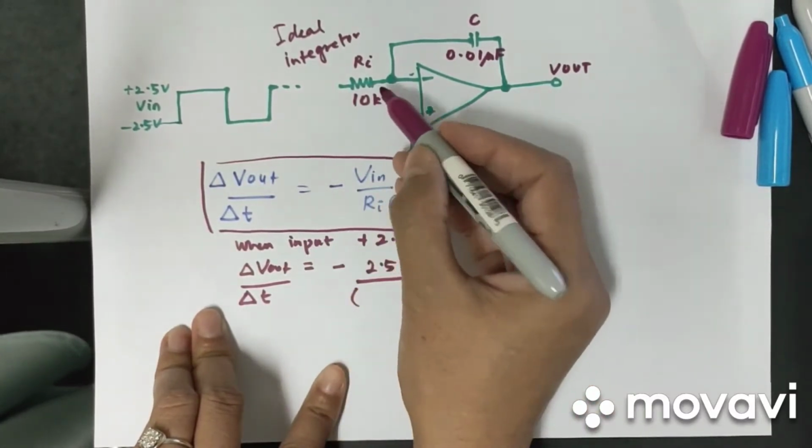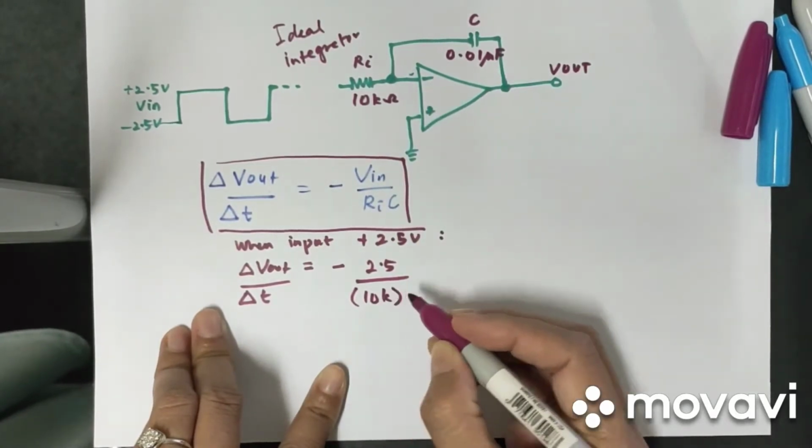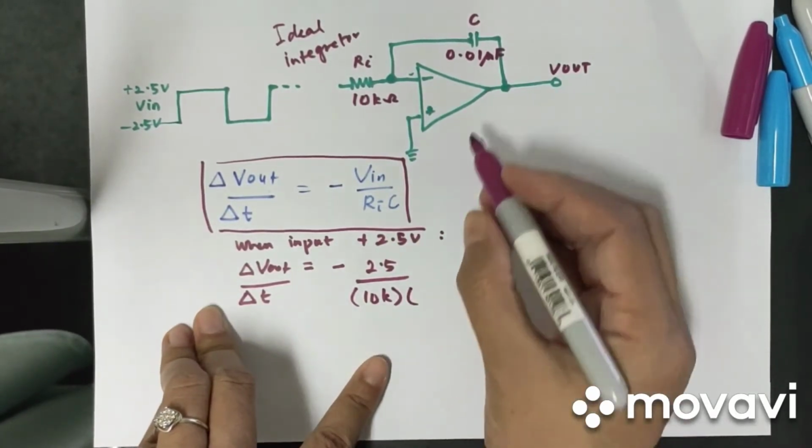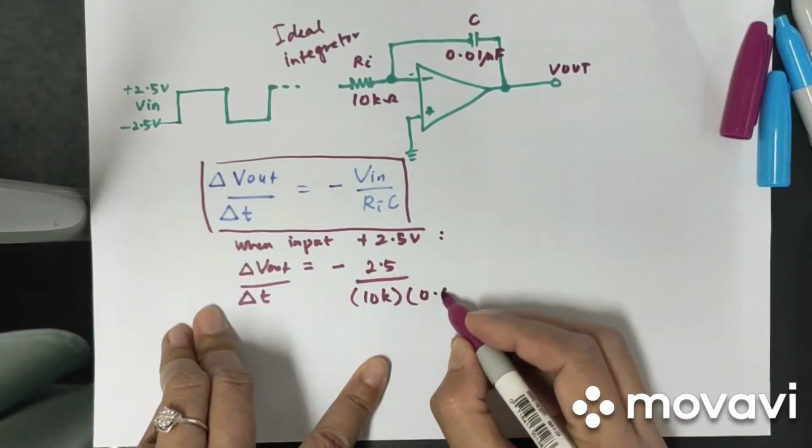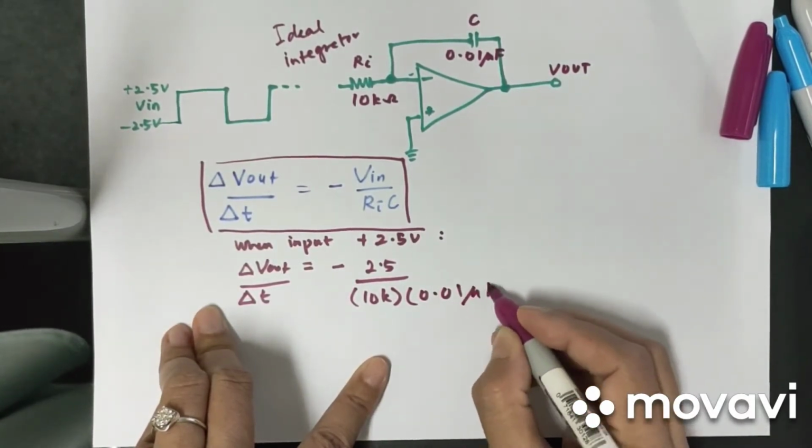divided by Ri times C. Ri is 10 kilo ohm, and the capacitor is 0.01 microfarad.